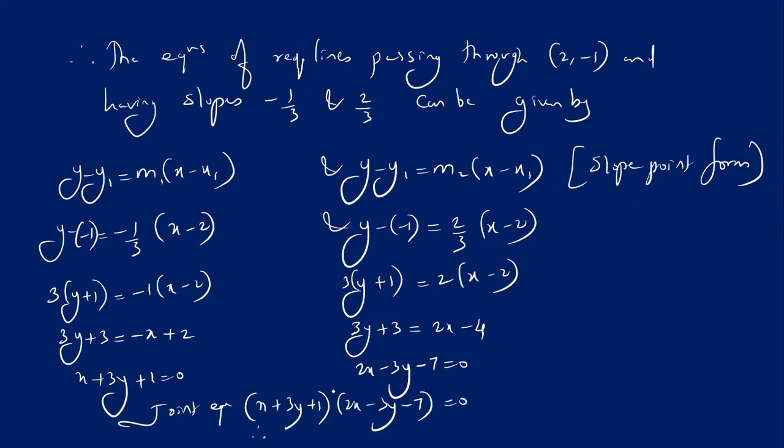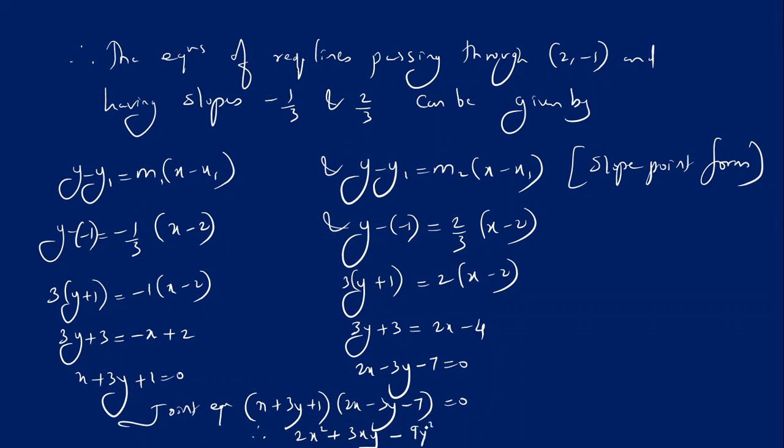Now if I multiply this, I'll directly get x into 2x is 2x square. If you want to do it directly, you can go for it directly also. So x into 2x is 2x square, x into 3y and 3y into x, you will get minus 3xy plus 6xy, which is plus 3xy. 3y into 3y is minus 9y square.